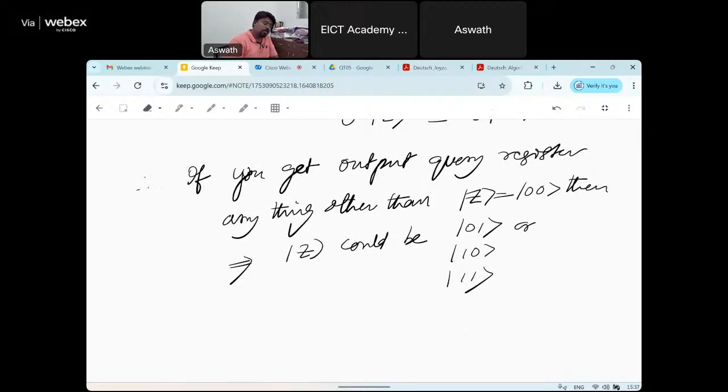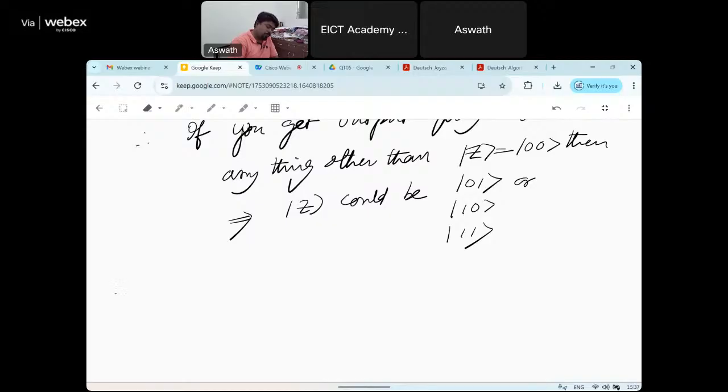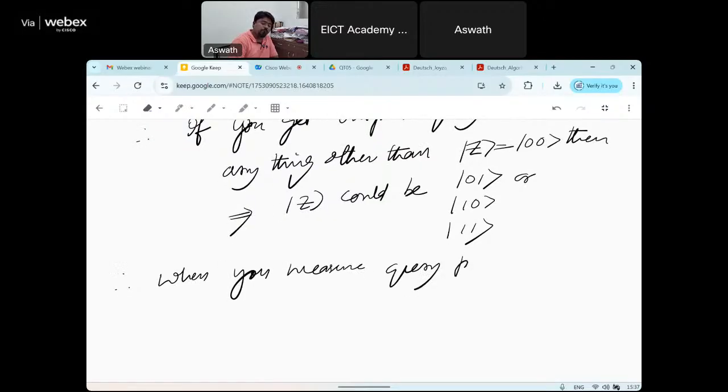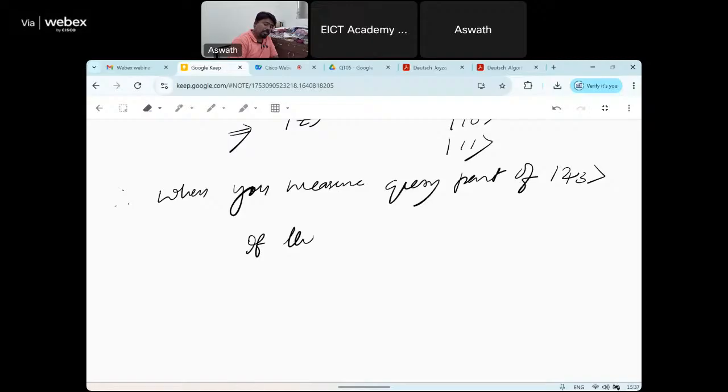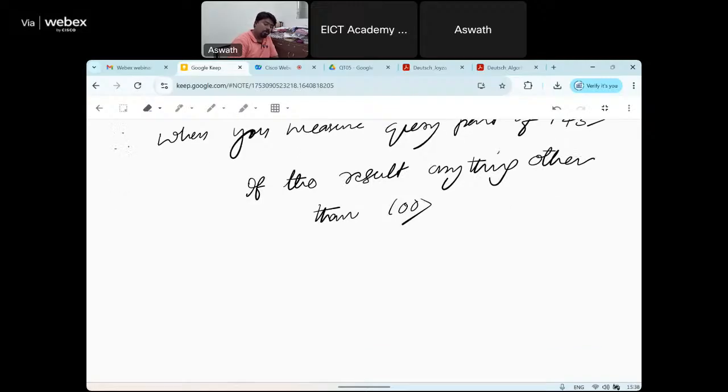So the conclusion you can draw is, when you measure the query part of psi3, if the result is anything other than 0 0, you can straight away conclude that the function is balanced.